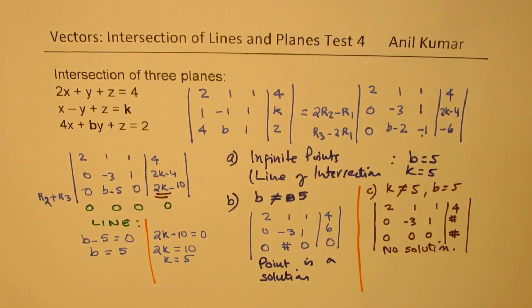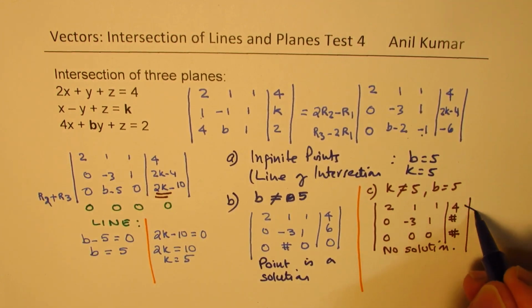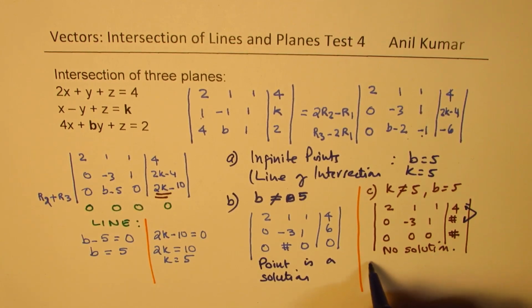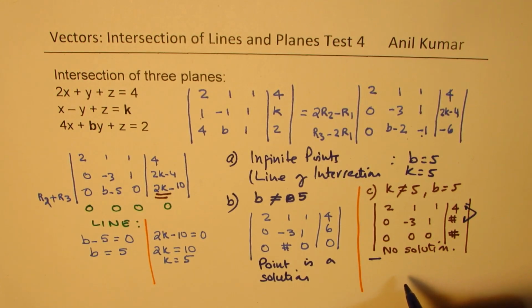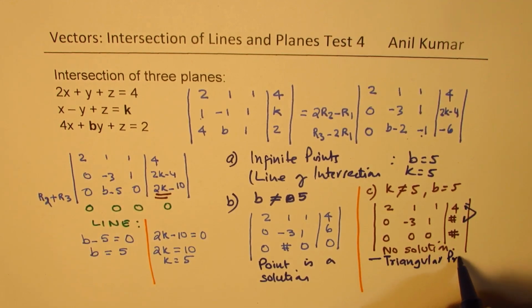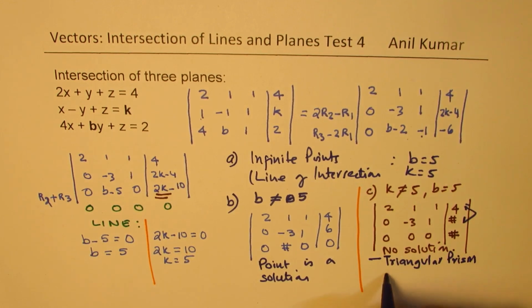Clear? So for this type, these two lines will intersect in a line, correct? So what we have is a trapezoid. So there will be two lines which will be intersecting in this particular case. So the type of solution is we will have a triangular prism, correct?